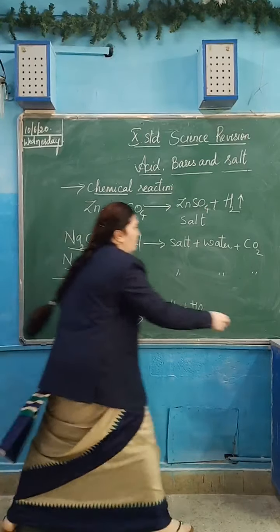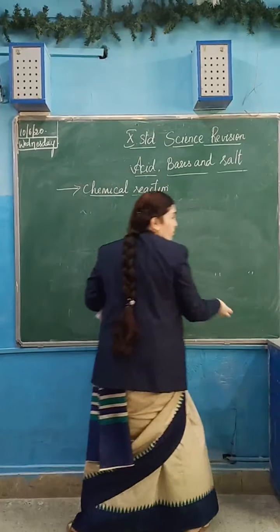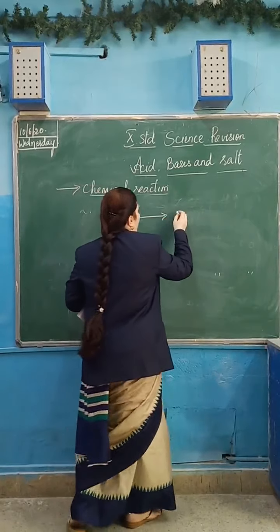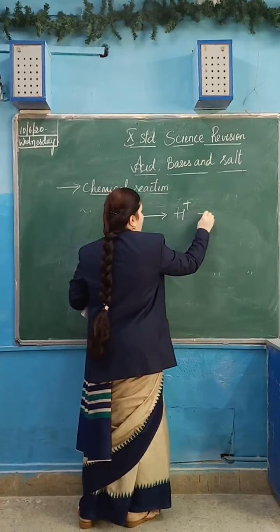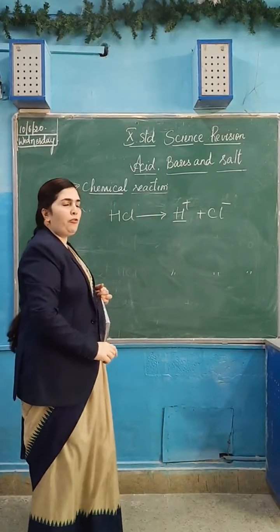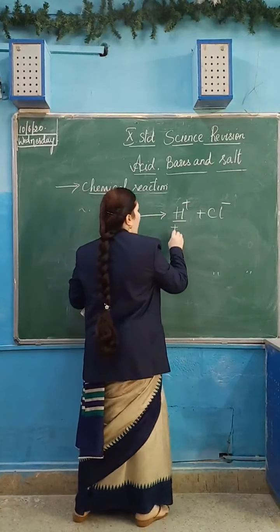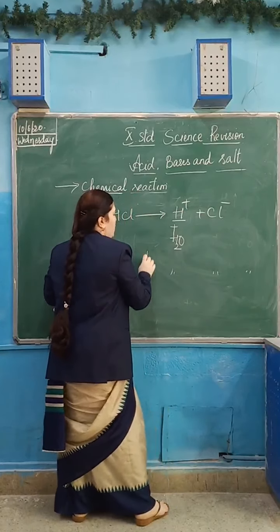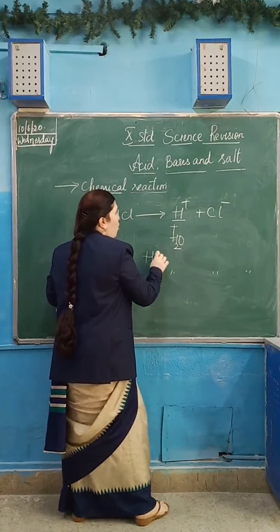For example, the acid gets dissociated in the water to form H+ and Cl-. These hydrogen ions are not free. Always they are attached to water molecules. H2O plus H+ means what you will get? H3O+.